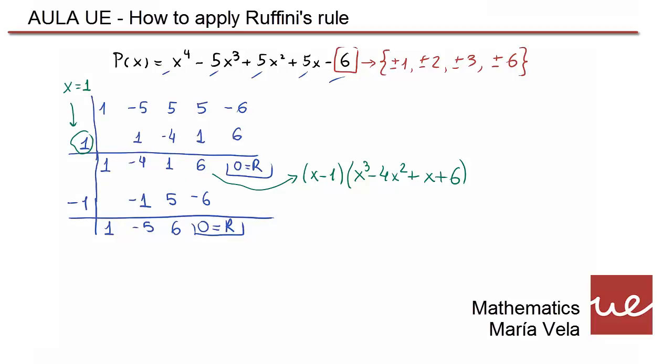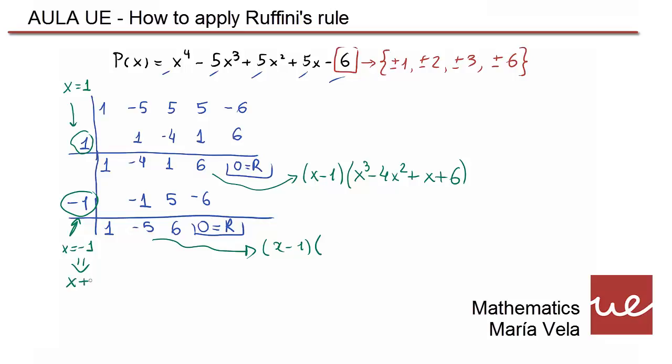Okay, let me put it once again as clear as possible. x equals minus 1 is a root of the previous polynomial, and I also got the decomposition into factors. I just copy the previous factor that I got before, x minus 1.